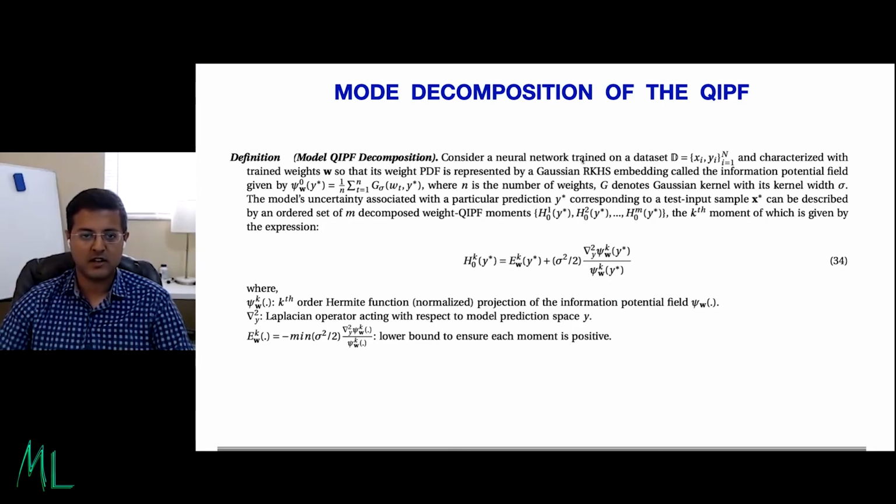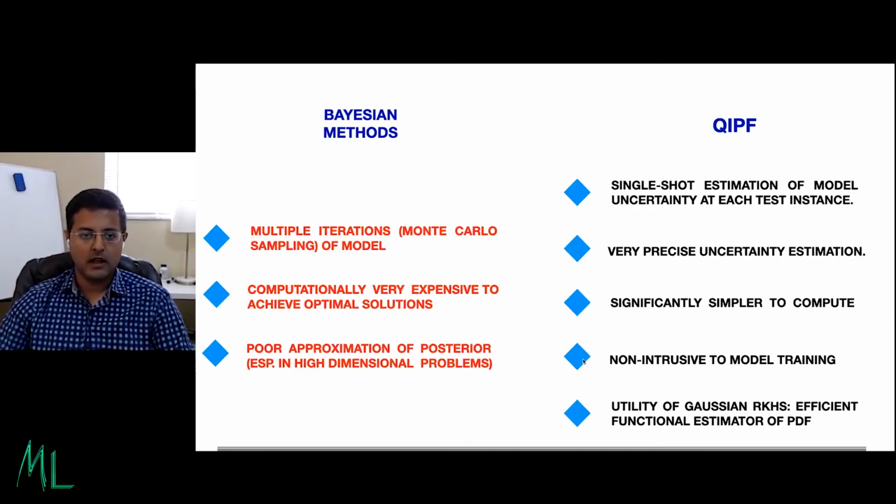I just described it. You have a trained neural network with D. You have an IPF defined by psi, and finally, using these, you come up with the QIPF formulation that is given by this equation here, where psi of k is the kth order Hermite function projection of the information potential field. And this is the Laplacian operator. So this is our final formula.